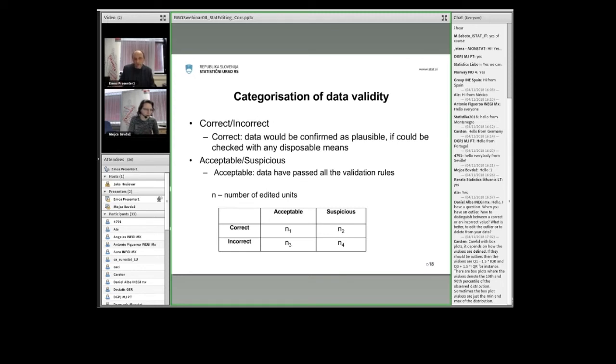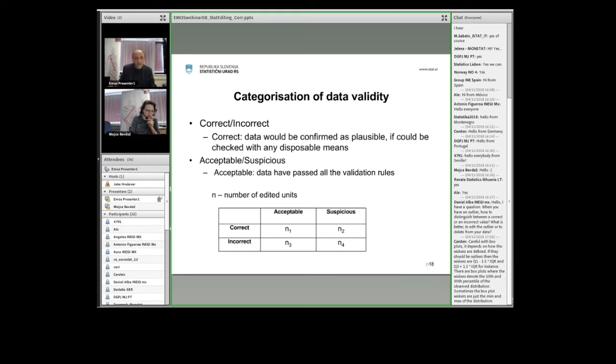When you're done with your validation rules, you can have units that are correct and acceptable, correct and suspicious, incorrect and acceptable, incorrect and suspicious. What would we look for here? We would want N1 and N4 to be as large as possible, and N2 and N3 as small as possible, because we would like correct units to be confirmed as acceptable and incorrect ones to be denoted as suspicious.